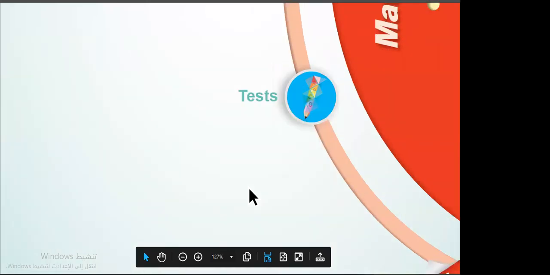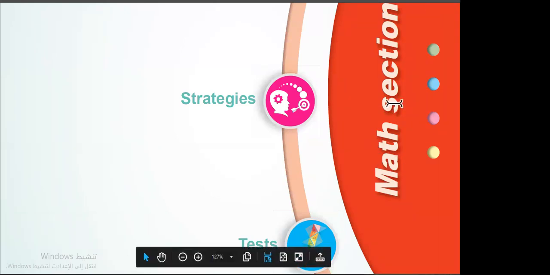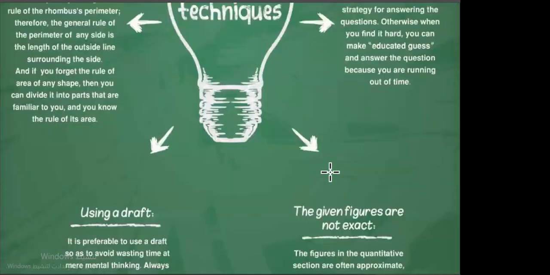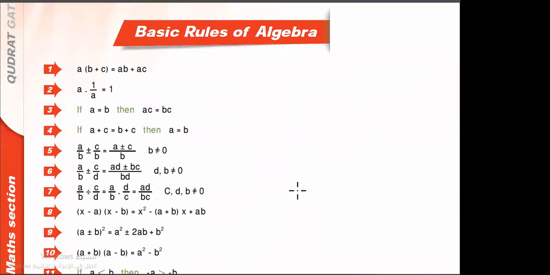I want you to understand everything because GAT has a math section and a verbal section. So now we will start with rules. Rules in math, how I solve these problems.